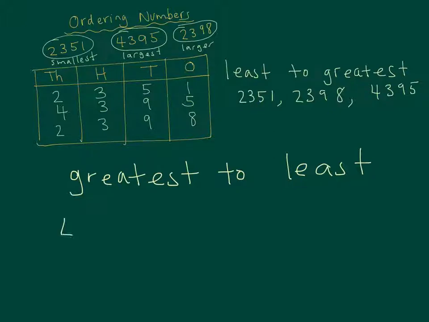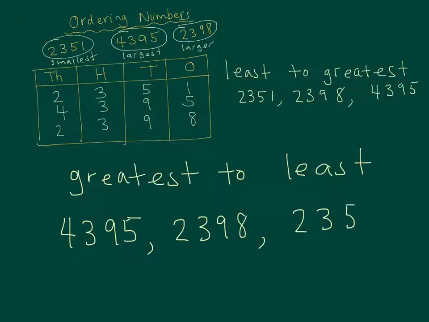That will be 4,395, comma, because it's a series. And then the next one is this one here, 2,398, comma. And finally, here's the smallest, or the least, okay? So that's going to be 2,351.